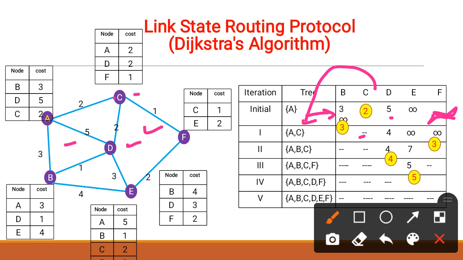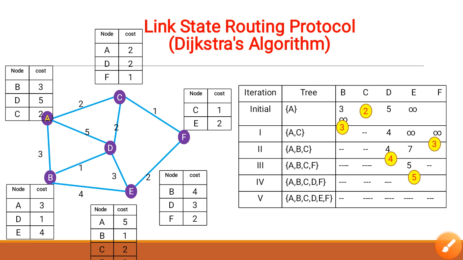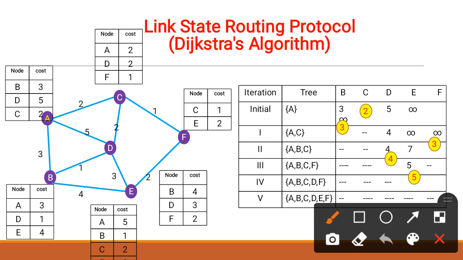A lesser path is required, so here we write 4. Then C is connected to F. How much is the distance? 2 plus 1 is 3. So we write 3 here.